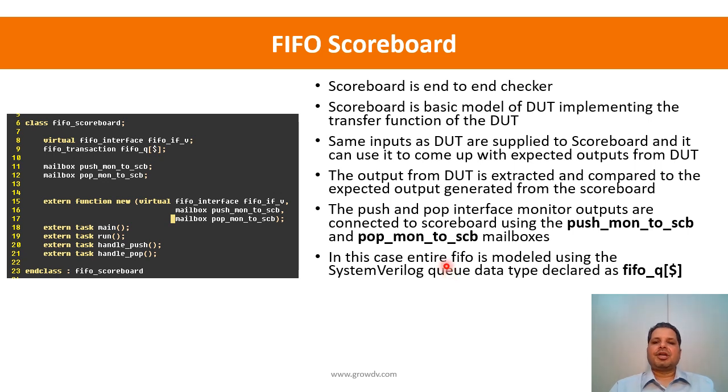We'll look at it in more detail when we learn the SystemVerilog data types. This aggregated data type is nothing but a model of FIFO, right? It has push and pop built-in functions which ensure the ordered data movement, and we have used the same thing here. This is nothing but the model of the DUT, right? A built-in data type that itself can act as a model of the DUT.